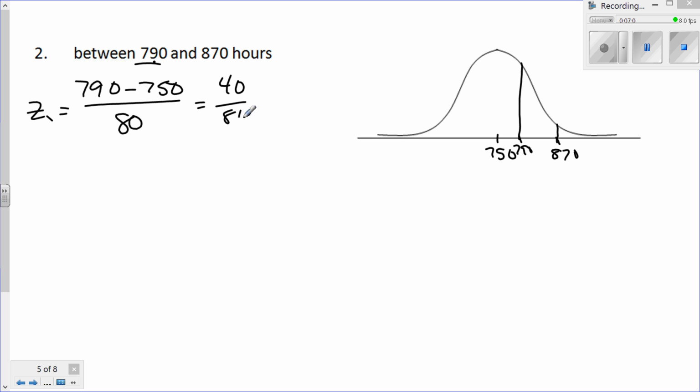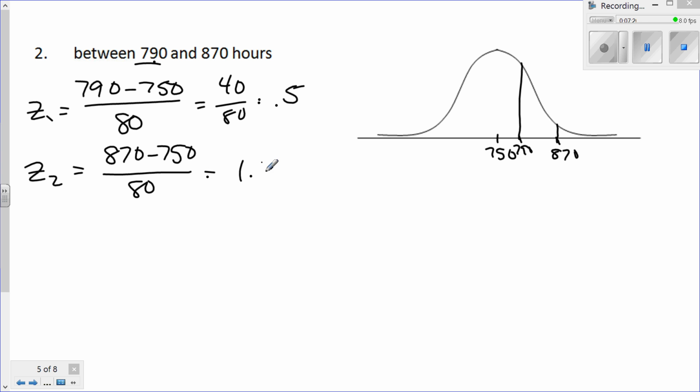It's 40 over 80, or 0.5 standard deviations, half a standard deviation. And then for our second z-score, we'll take the 870, subtract 750, over 80, and that's going to give us 1.5. So these two values I'll look up in the table.